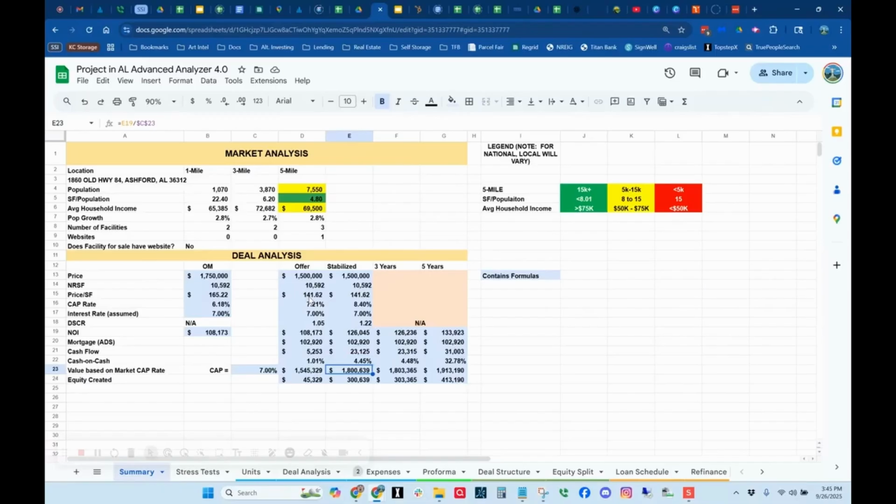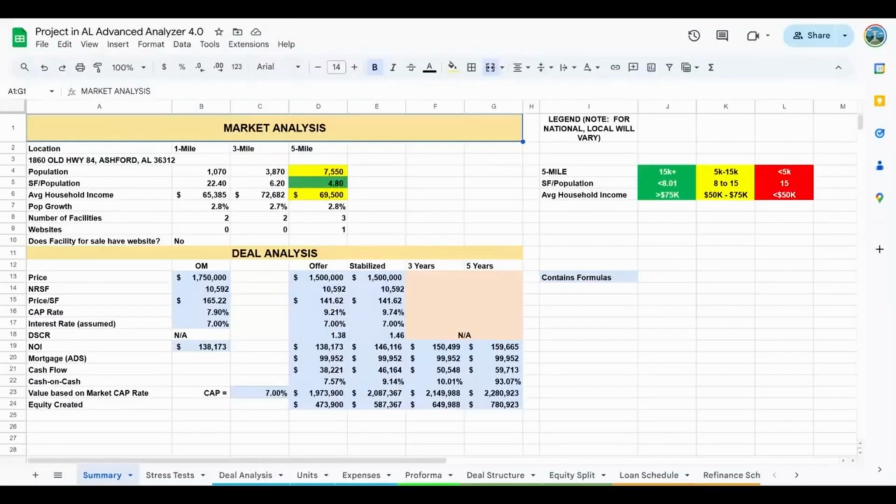And then this is the value at stabilization. And this is the amount of equity you created just stabilizing the property. And over here is your year 3 and year 5 analysis. It gives you value given at the market cap of 7% and the equity created in 5 years is $400,000.